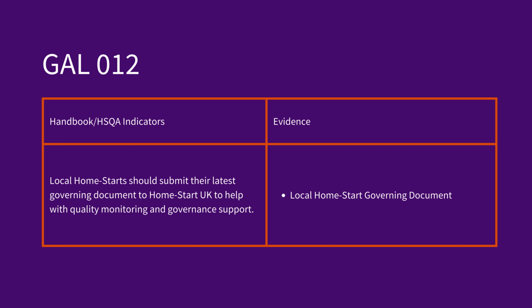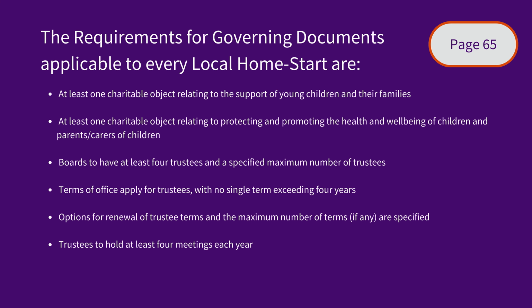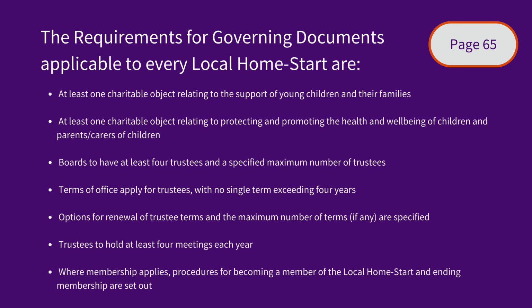I'd just like to look at GAL 012 because this is very similar to GAL 002. This is around submitting your governing document to us. So for this submission, if you've actually reviewed and updated your governing document in line with the requirements that we looked at in the handbook, it would be helpful if you could submit that to us.